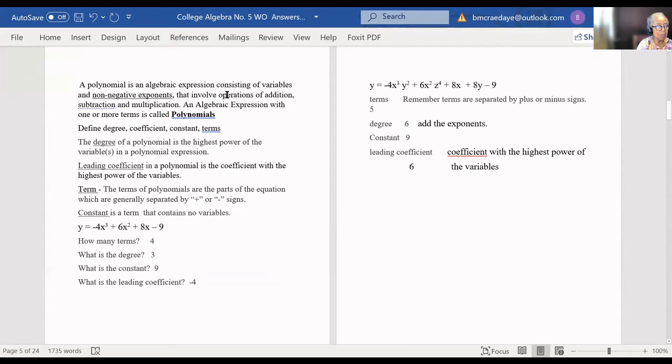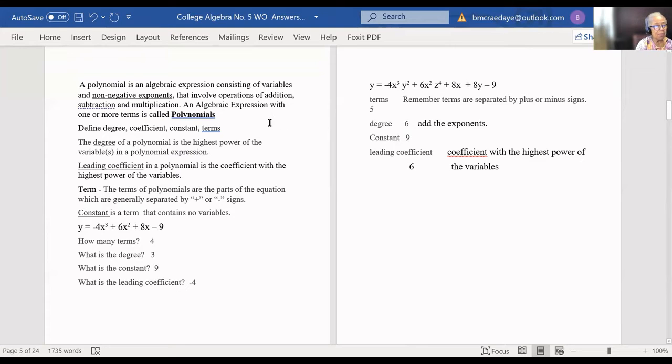The operations involved are addition, subtraction, and multiplication. If we have one or more terms, we call that a polynomial. We don't have to use monomial, binomial, trinomial for 1, 2, or 3 terms, because we can group them all together as polynomials. That's 1 or more terms.